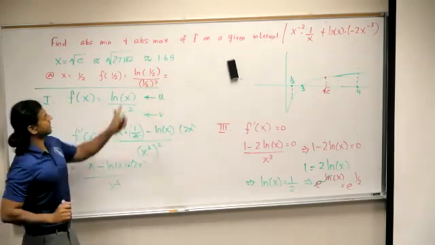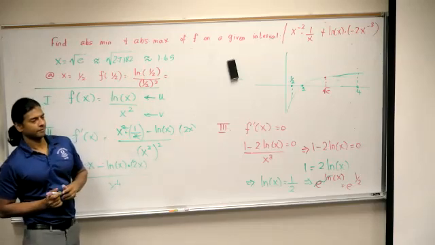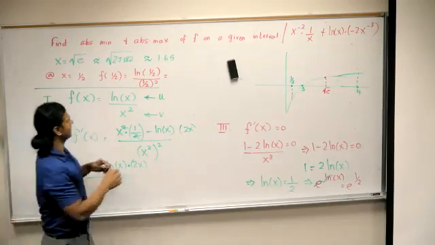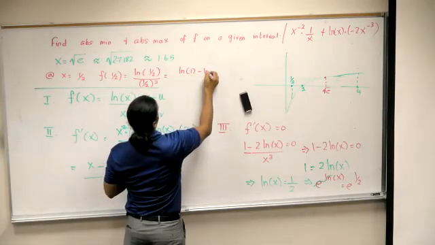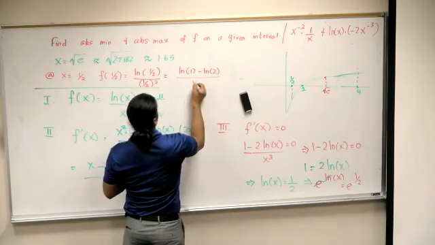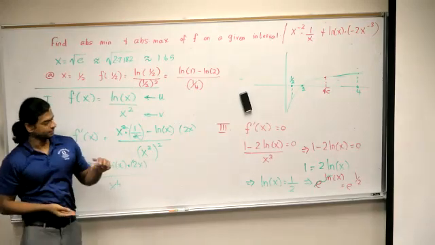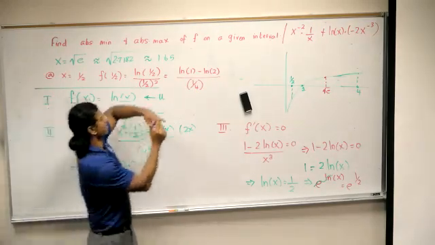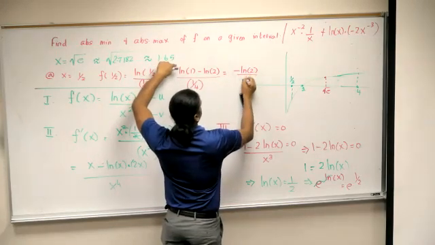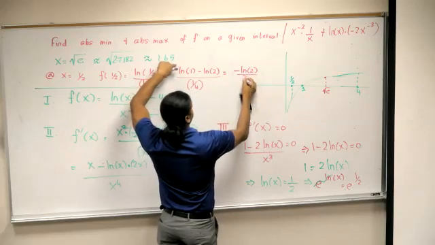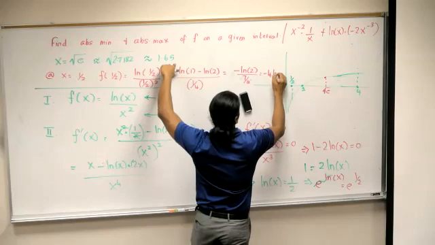What rule can I use to simplify the ln? Can I write ln of 1/2 as ln of 1 minus ln of 2? What is ln of 1? 0. So 0 minus ln of 2, divided by 1/4. Flip and multiply, you get -4 ln of 2.